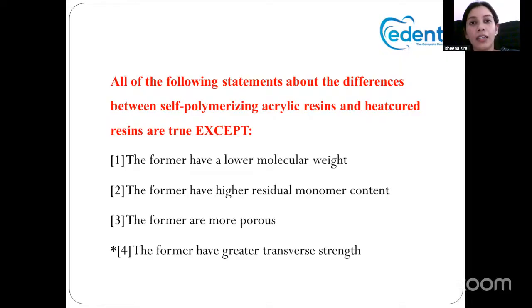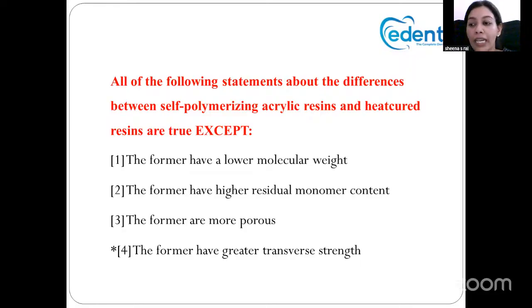Self-polymerization means the molecular weight will be very low. Once they set, a large amount of residual monomer is seen. That is the advantage of heat cured resins, where we give an external source of heat, and the amount of residual monomer is less.